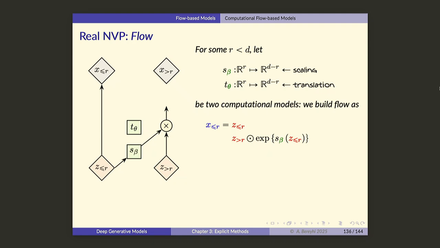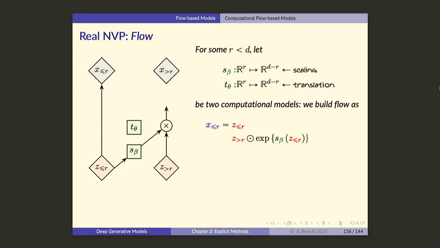I compute the exponential function of them, and I multiply them with the next d minus r entries, the second part of z, entry-wise. So every single entry coming out of this network, after being passed through the exponential function, is going to get multiplied with the corresponding entry inside the second part of z.